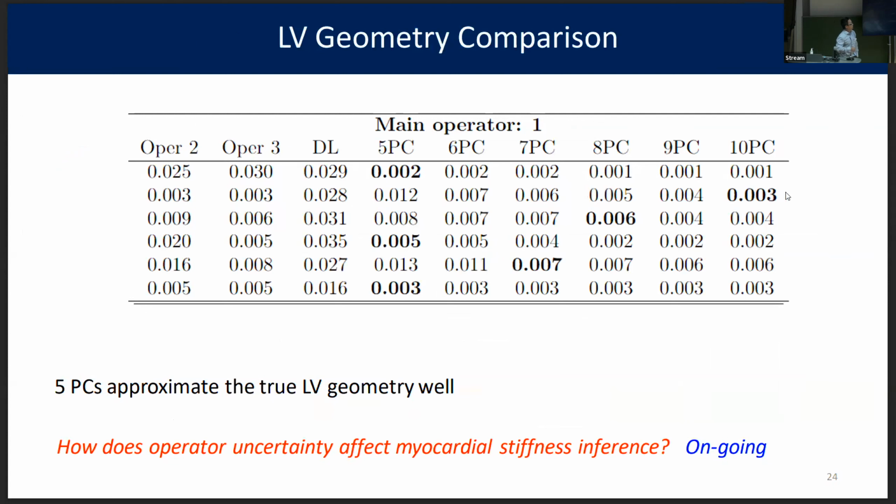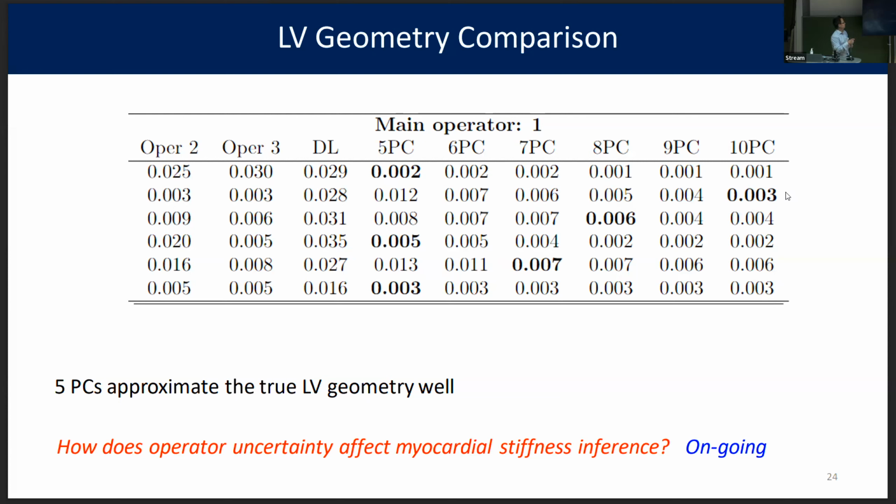And then we also want to look at the errors introduced by the dimension reduction. We compared the operators, deep learning, and PC components from 5 components to 10 components. In general, you will see for the 5 PCs, the error peak is reached for 3 patients.